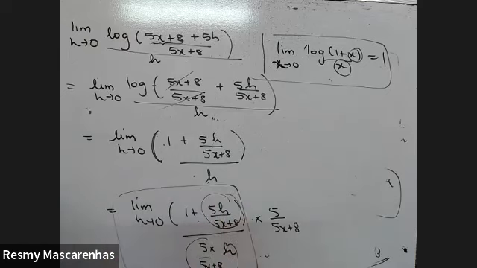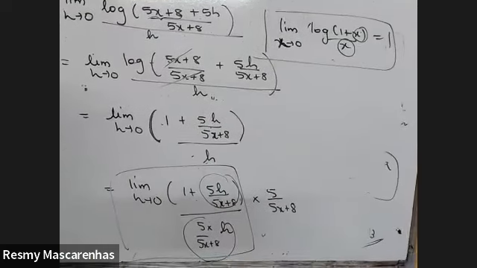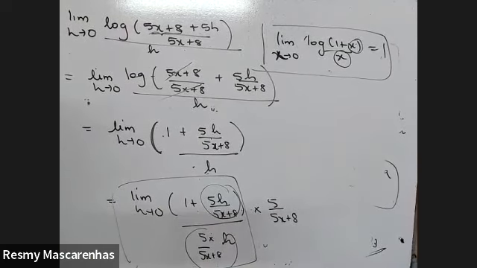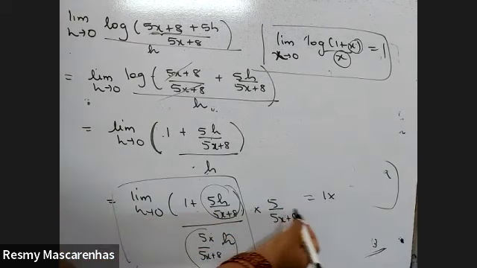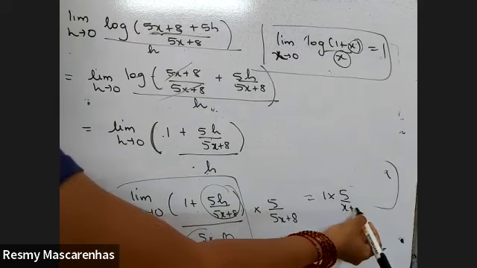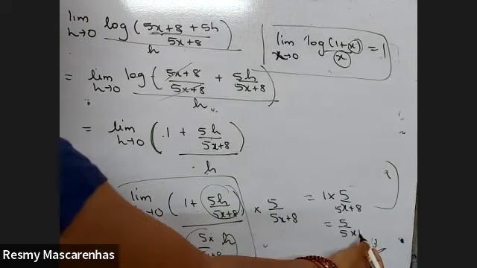So what will be this value? 1. This and this are matching, so this answer will be 1. And this balancing part, so the answer is 5 upon 5x plus 8.